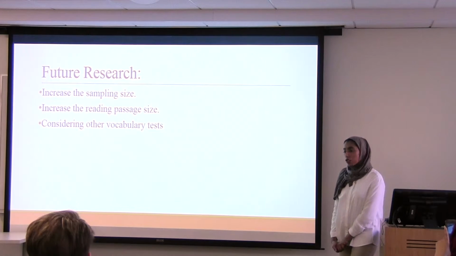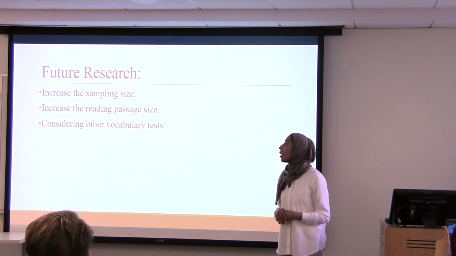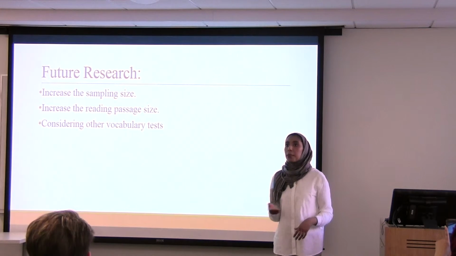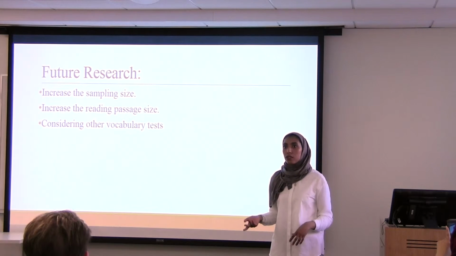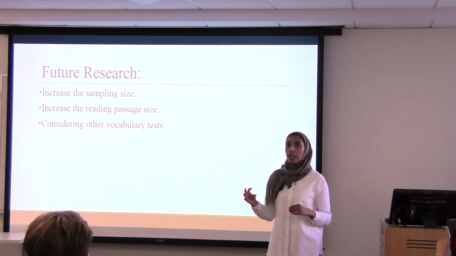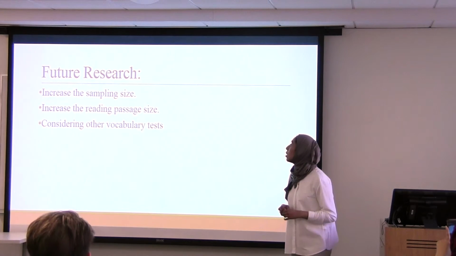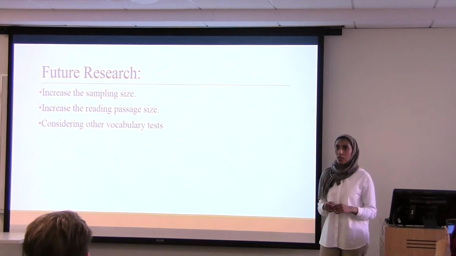For future research, I'm thinking of increasing the sample size and also the reading passage size, so when they read more, they would encounter more vocabulary, and we can see the percentage of overall comprehension. Also, considering other vocabulary tests to see the differences.